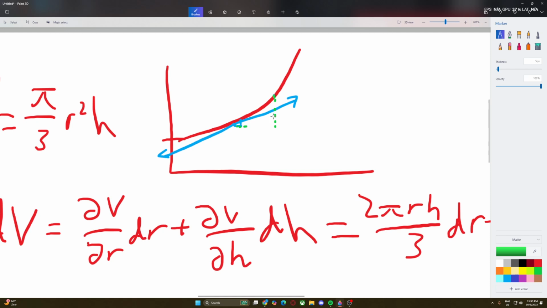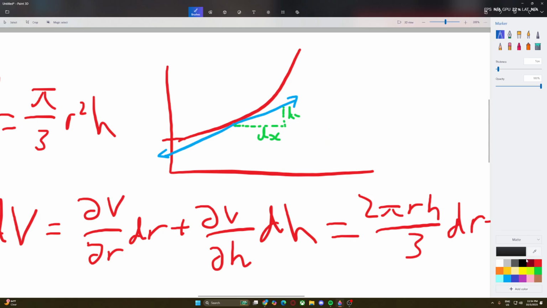So the approximation of the graph right here is dx, this is dy, and that's the ratio, dy over dx, the slope, remember that?